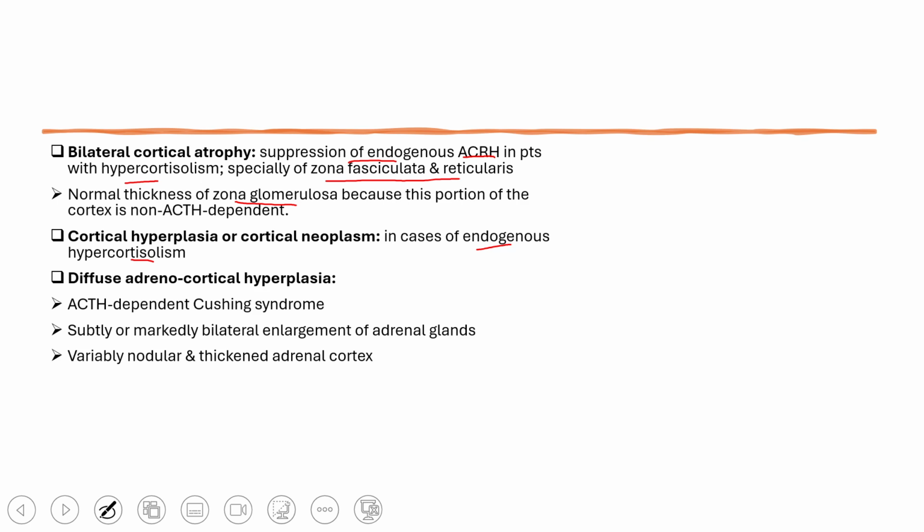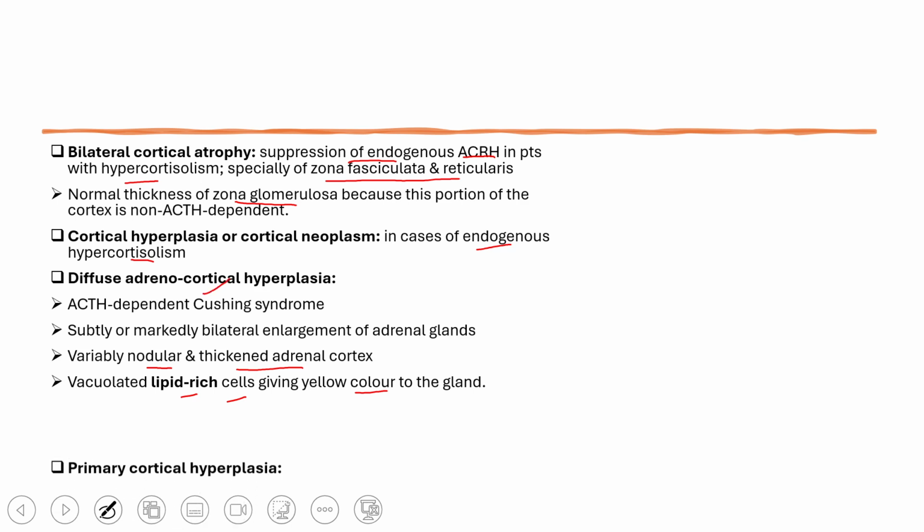Similarly, variably nodular or thickened adrenal cortex can be seen, and vacuolated lipid-rich cells, giving the yellow color to the gland. Such features can be seen in diffuse adrenal cortical hyperplasia and primary cortical hyperplasia.